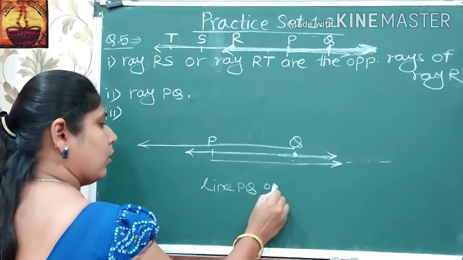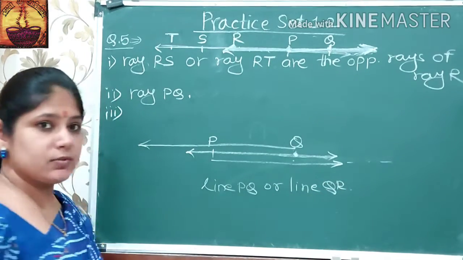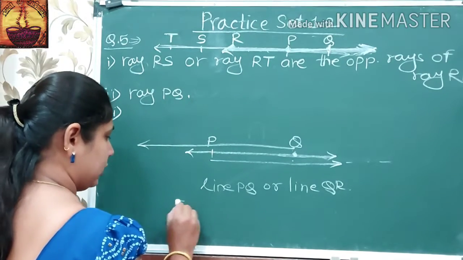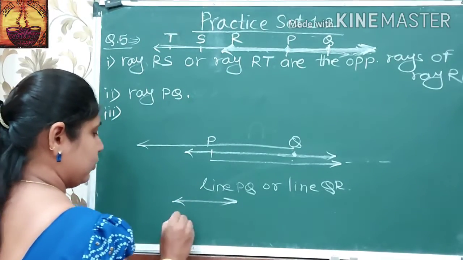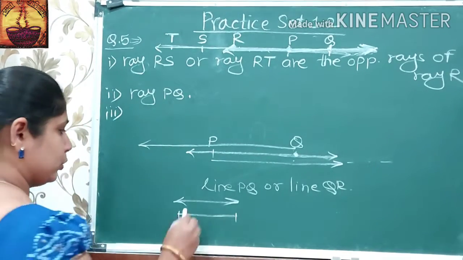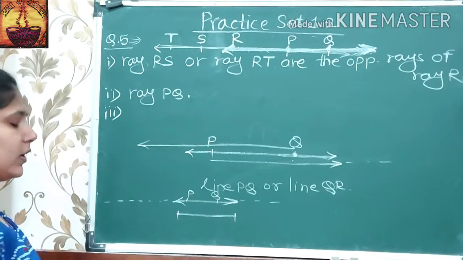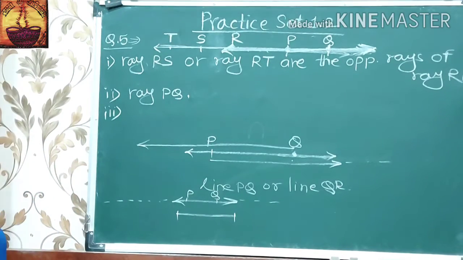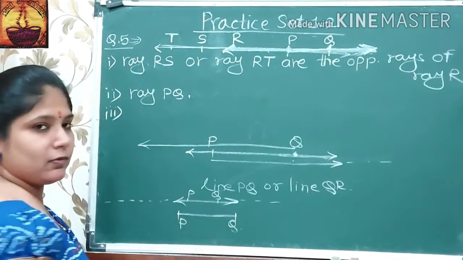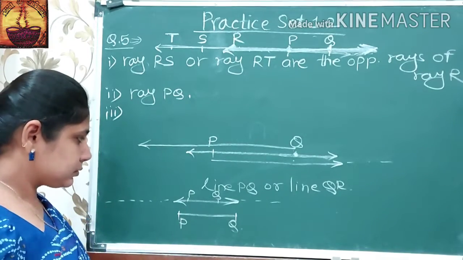PQ or line QR. In the last video, I explained what is meant by line and what is meant by line segment. Line PQ means that it is an unlimited or infinite line at both ends. And segment PQ means that it is a finite line or a finite distance.